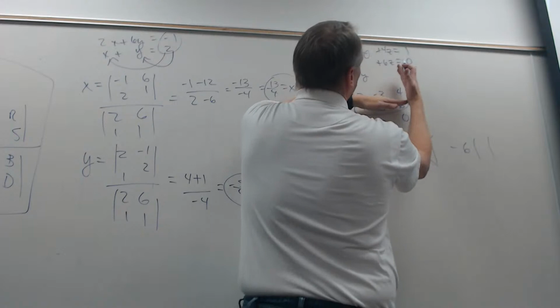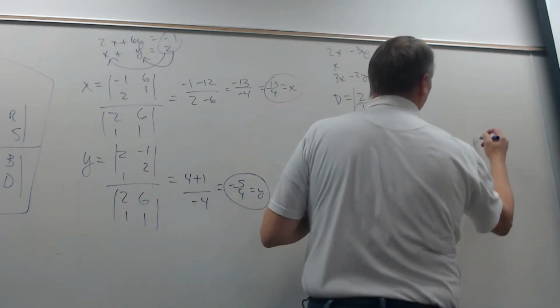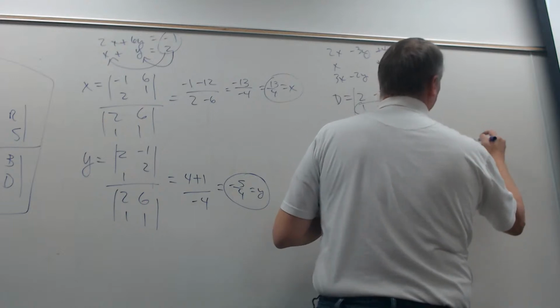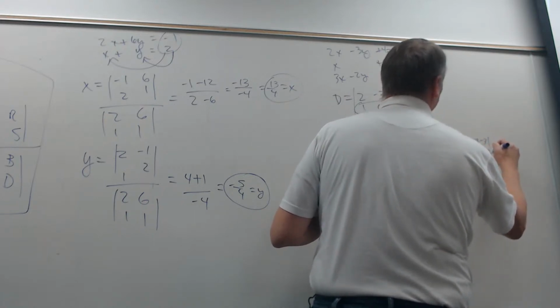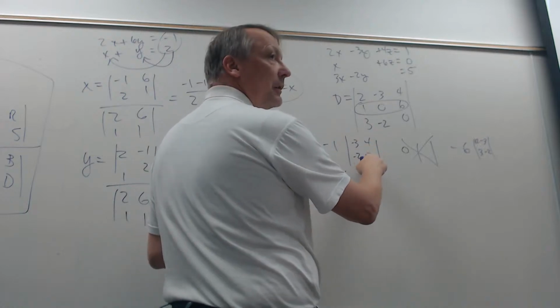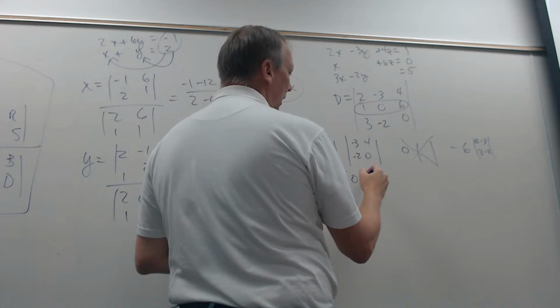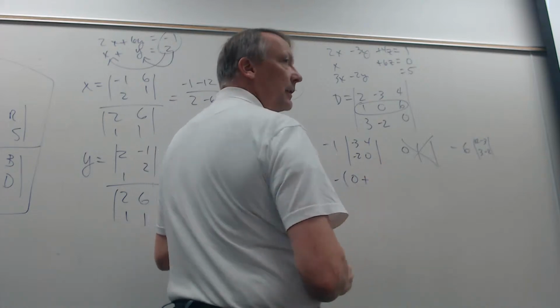Cross out the 6, and we're left with 2, -3, and then 3, -2. So this becomes negative 3 times 0, 0, and then minus -8.